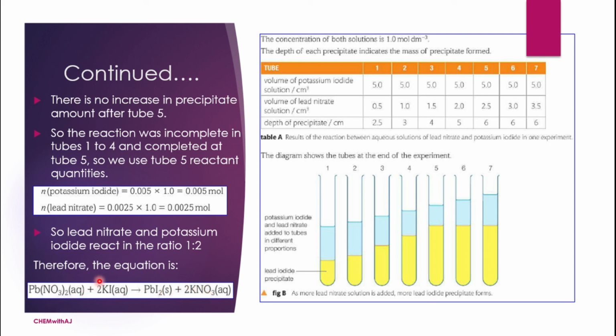We know they react in the ratio 1:2, so we don't need to write a 1 in front of lead nitrate. Then we write the 2 in front of potassium iodide. Like that we can determine equations using precipitation reactions.